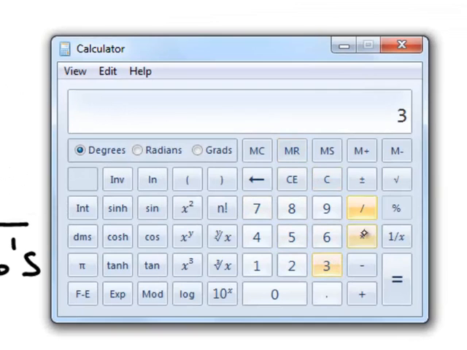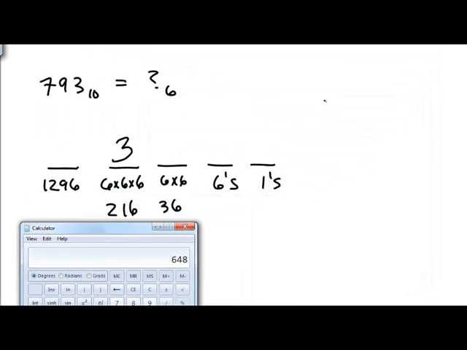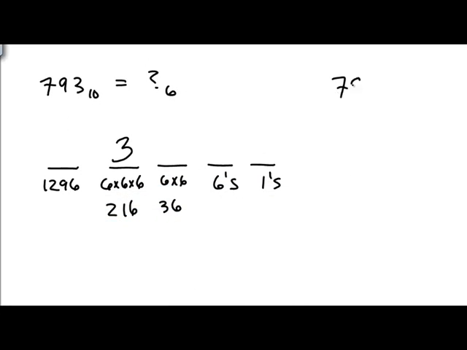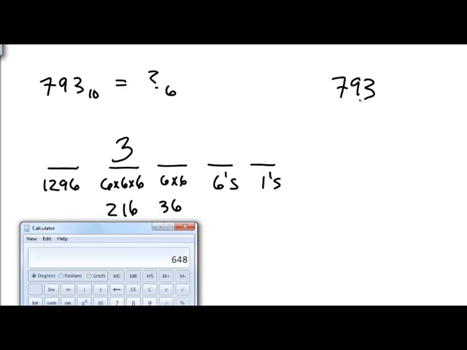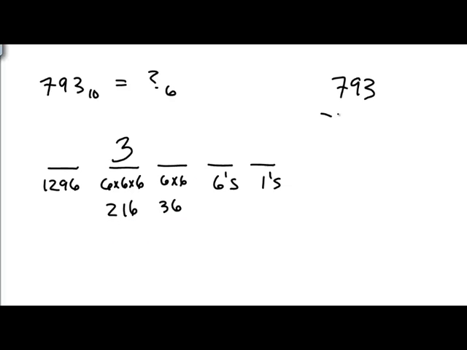What is 3 times 216? 3 times 216 is 648. So we have our 793. What was that number again? 648. 793 minus 648 is 145. So this 3 right here represents 3 216s, which is 648.